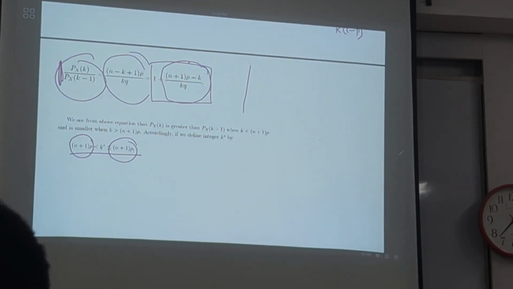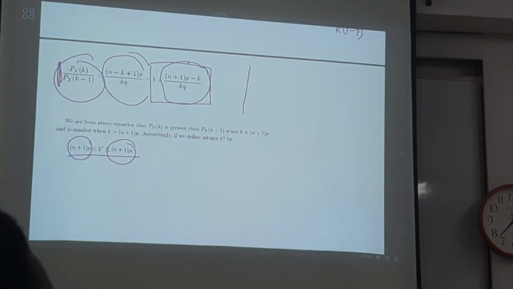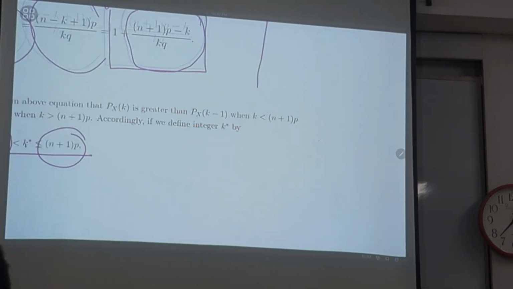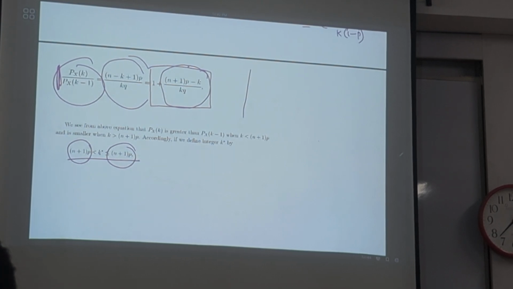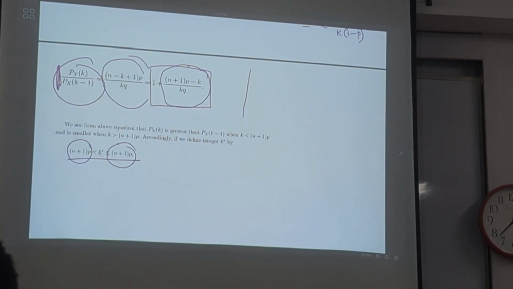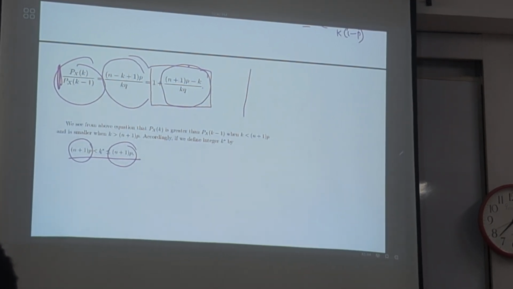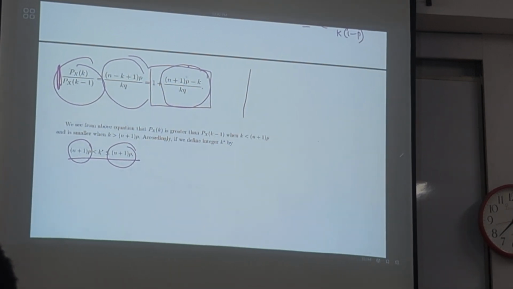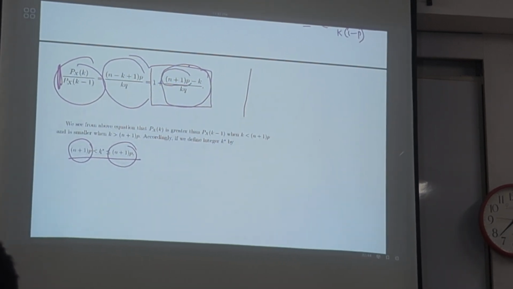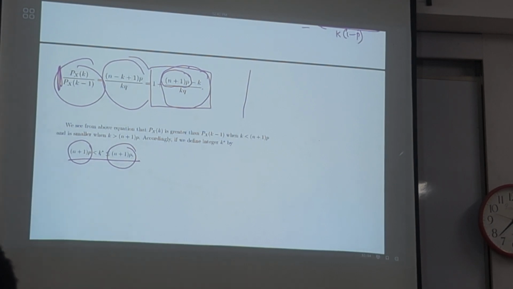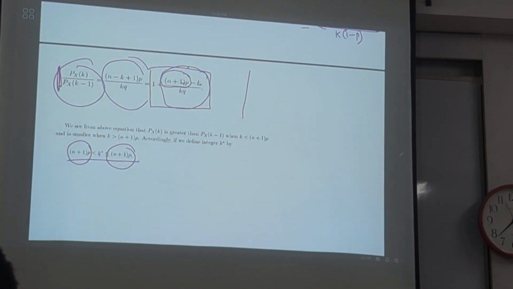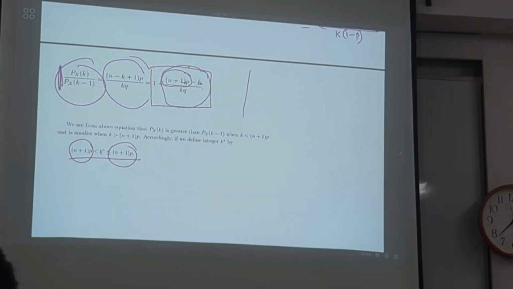You need to understand this one. When this quantity is equal to this, then this quantity is greater than this quantity. This quantity is less than this quantity.